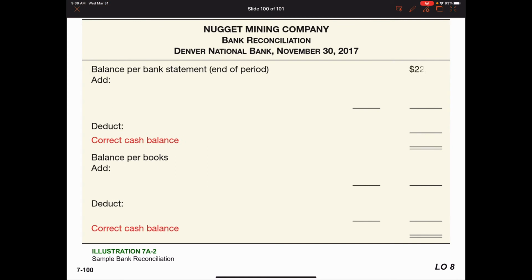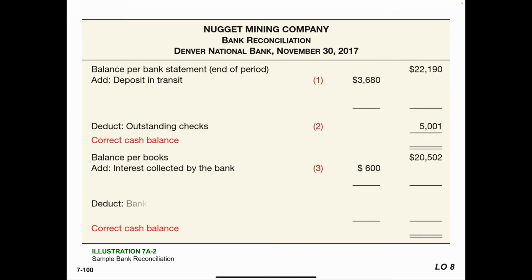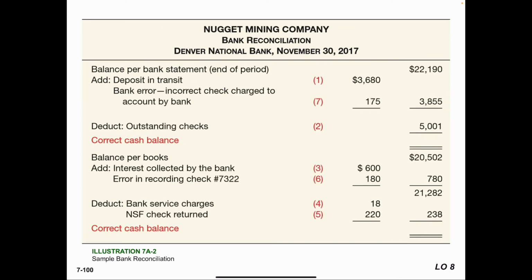Okay, so $175 was added back. Originally it was a charge to Nugent, not Nargate Mining Company.